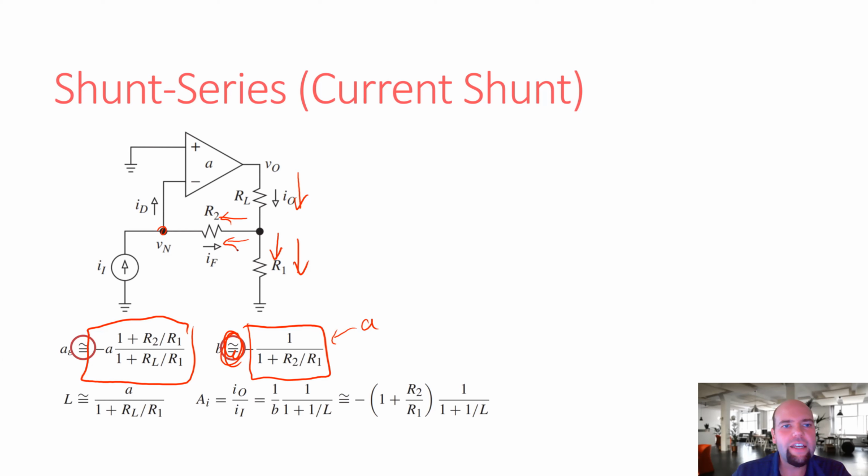Whatever portion of the output current flows through R2, and the input current flowing through I1, have to sum to 0. Because there can be no current flowing into the negative terminal, this portion of the output current being divided across the current divider has to cancel out the input current.